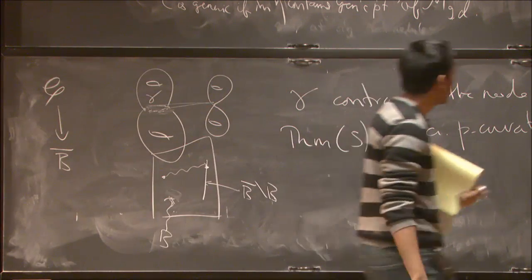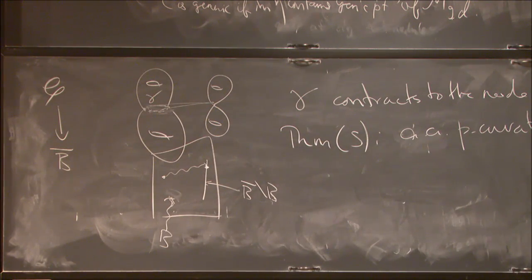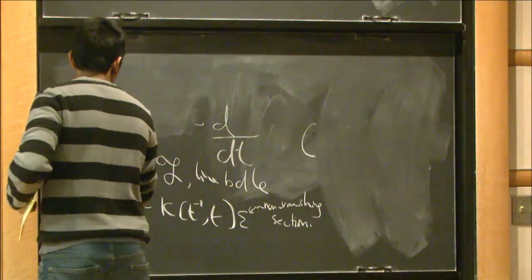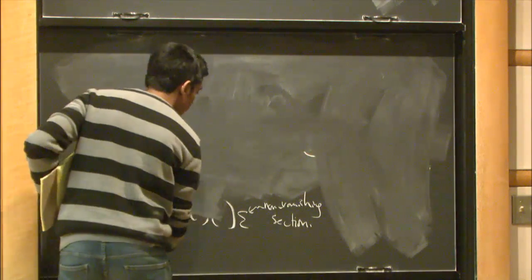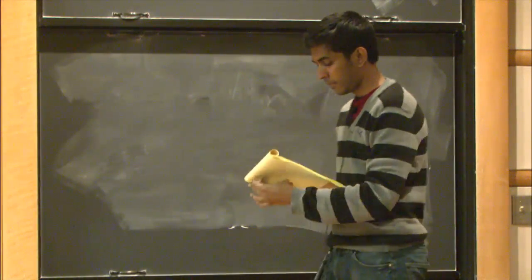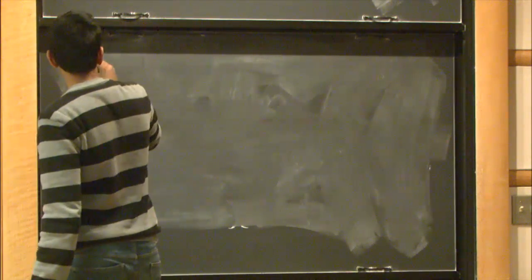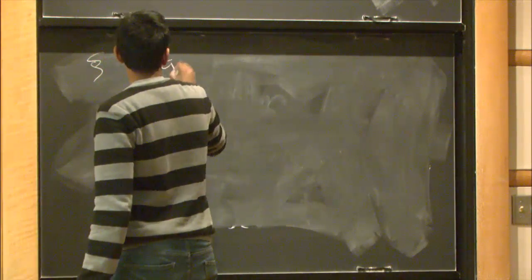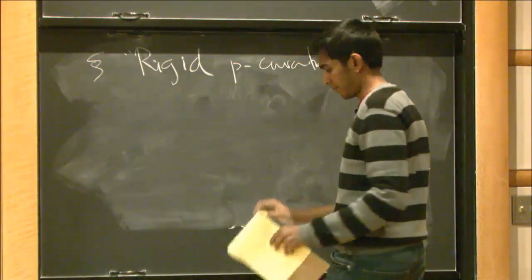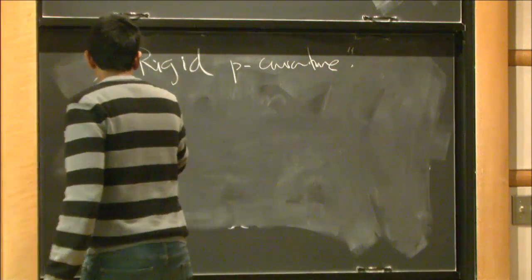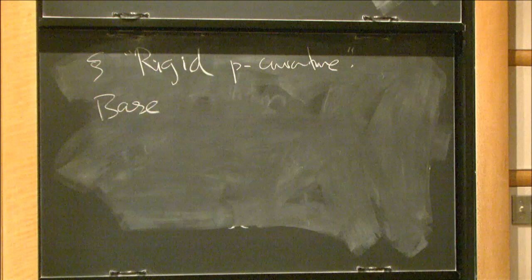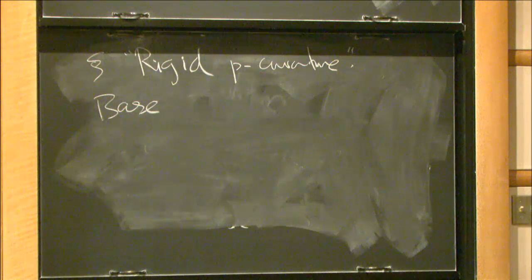So let me set things up for that. So I said something about having an equicharacteristic zero base over which we'll have a rigid analytic annulus.